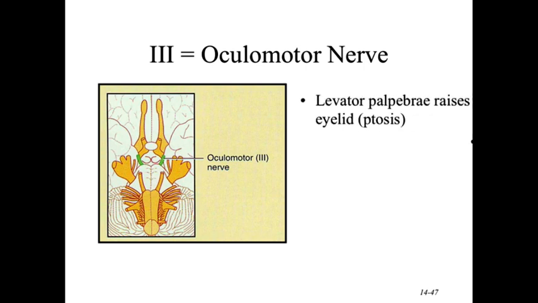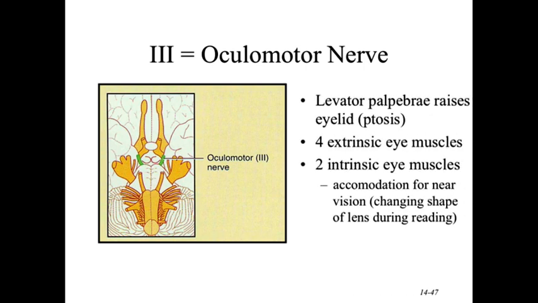The oculomotor, cranial nerve 3, we said when I drew out the eye, the 3 Greek columns keeping the eye open. If it's not working, then the eye droops, and that's called ptosis, P-T-O-S-I-S. It's involved in raising the levator palpebrae. Otherwise, you get drooping of the eye, called ptosis.